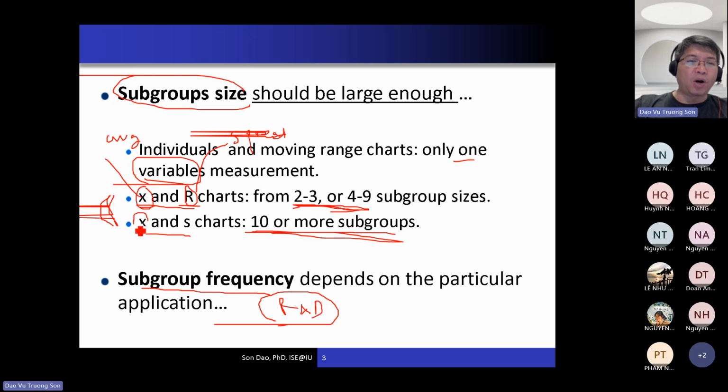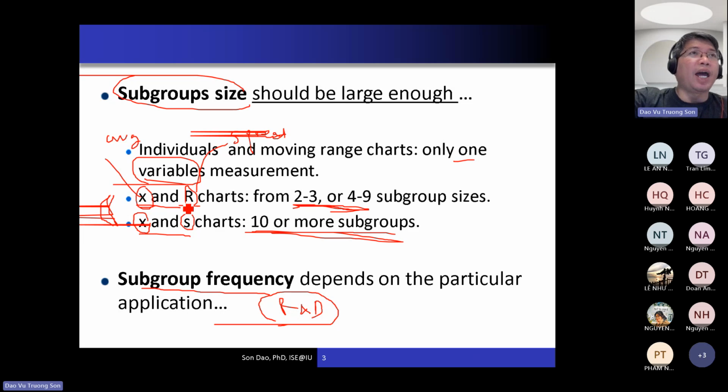And similarly for the second chart, X and S. So for this process to be stable, both of the charts, X chart and S chart, have to be both stable, right? So this means two conditions have to be satisfied at the same time. This means we don't need larger subgroups, and that is the only advantage we can get using a combined charts framework like this.